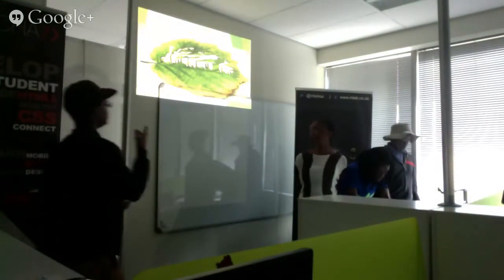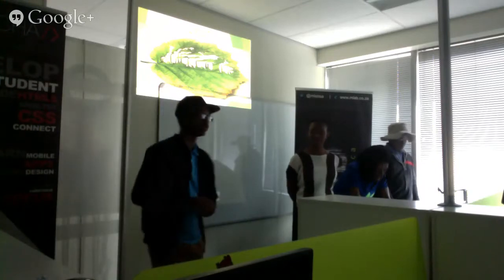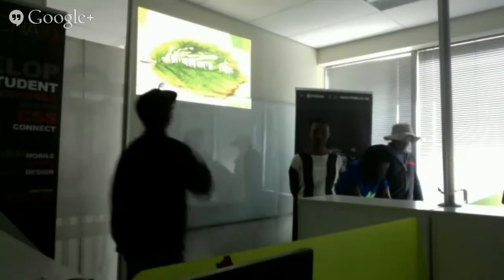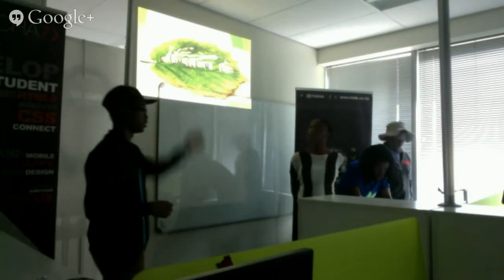Good afternoon, guys. We go by the team called Leave It. We chose the challenge called Leave Me Alone. The reason we chose that project is because we want to save our biodiversity in South Africa.